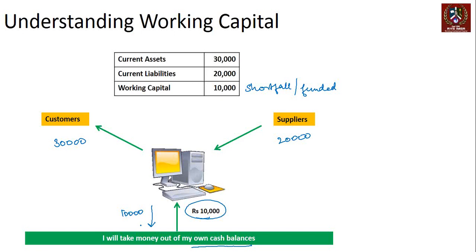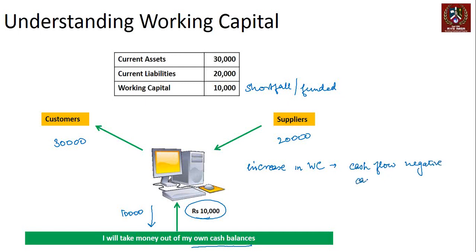Now, this premise where I can use my cash balances in order to fund my working capital has long-reaching implications for the analysis of working capital. First part, any increase in working capital is technically, by what we just saw, cash flow negative for the company.